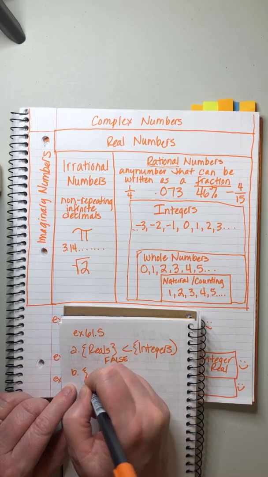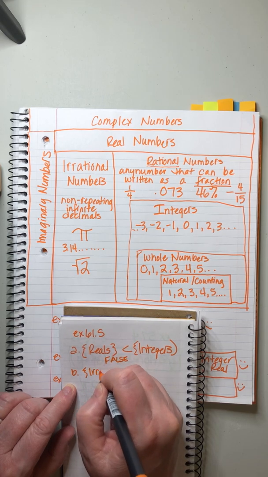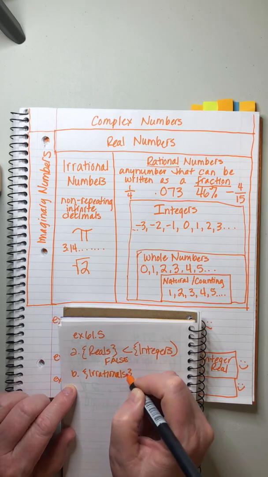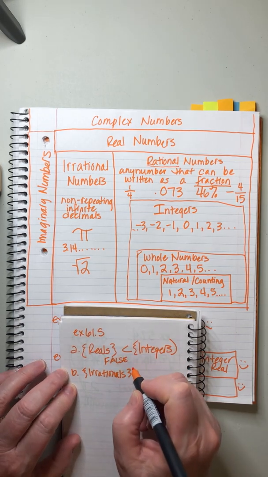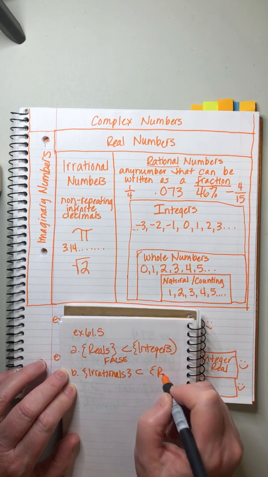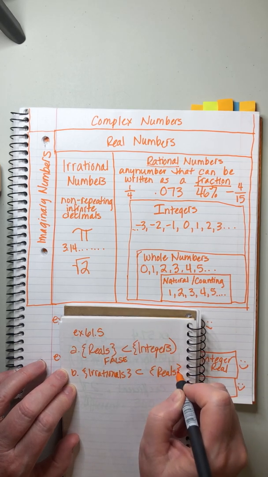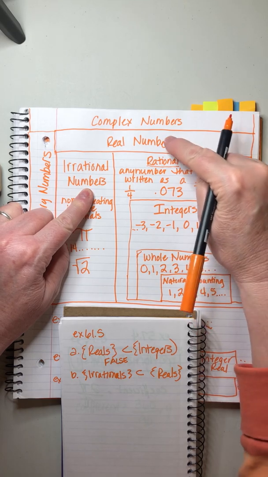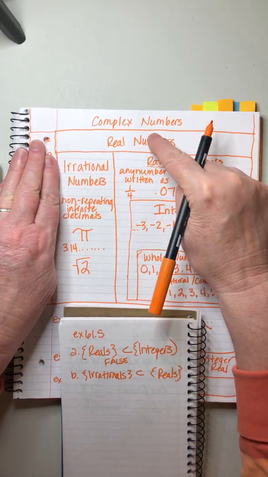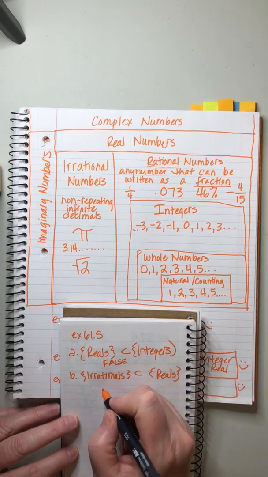B, the set of irrationals is an element of the reals. Irrationals and reals. Yes, that works, doesn't it? These are part of that. Okay, true.